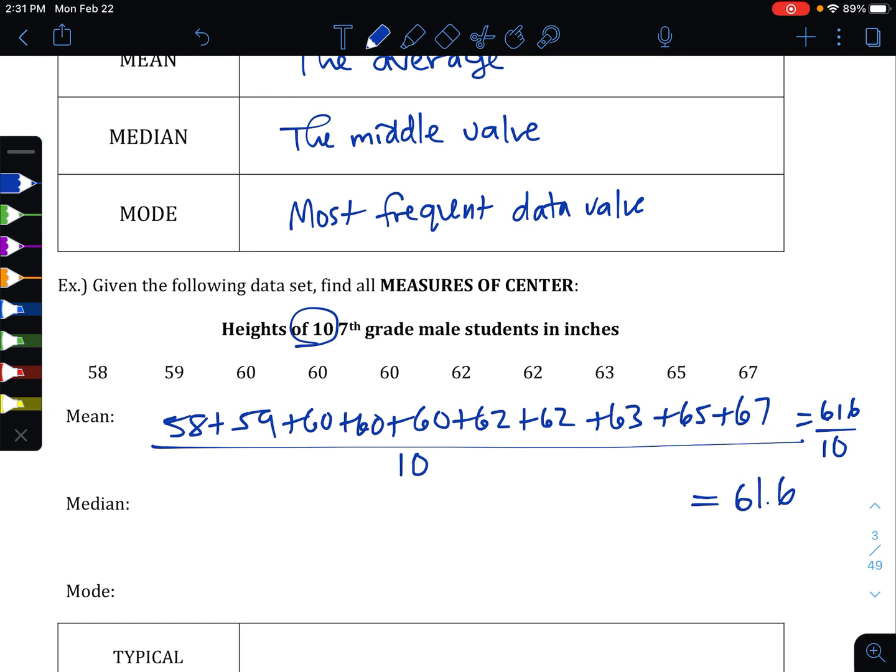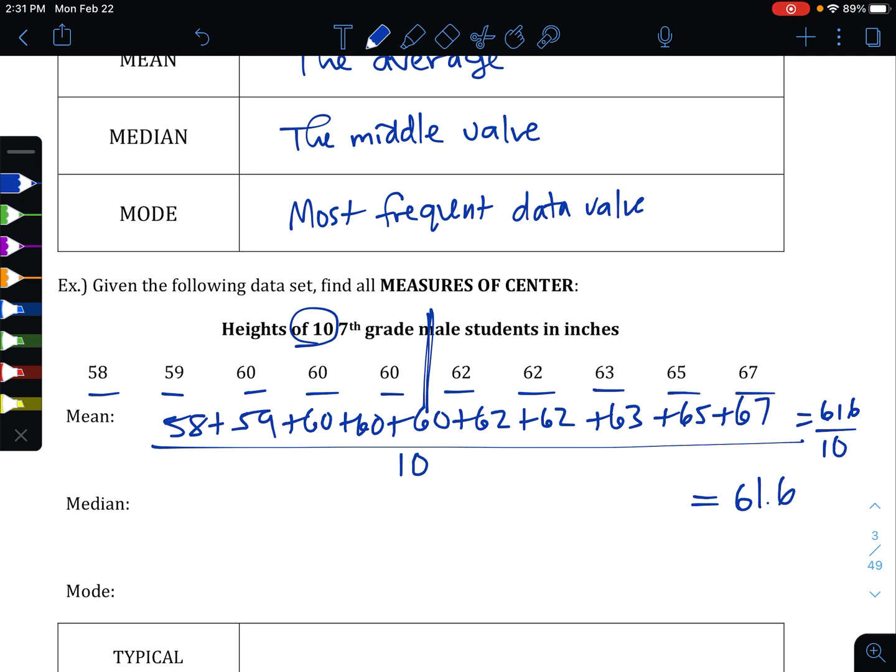The median of the data would be the middle value. There's different ways to do this. I'm going to show two different ways to find the middle. So the middle we find by just, again, finding where it is in between the middle of all of the data. So we've got 10 numbers here. So what that means, we're going to cut our data into 2 equal halves with 5 numbers in each half. So you could just count to 5. 1, 2, 3, 4, 5. And then that would be the halfway point because then there's 5 on the other side.